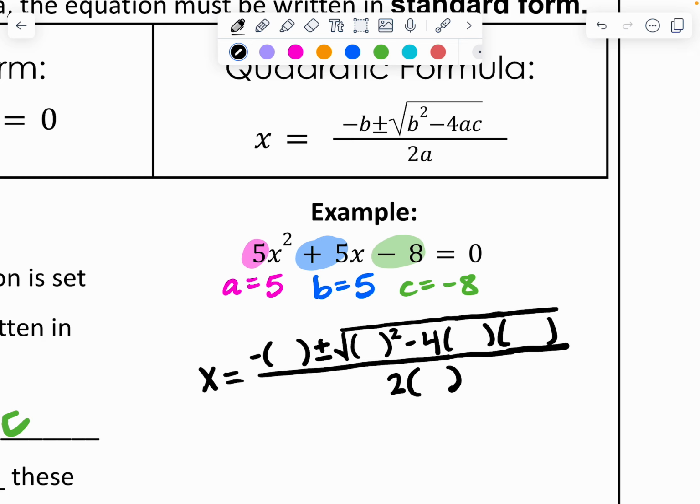Now I'm going to put the numbers that represent A, B, and C where they're supposed to go in that formula. So B goes here and here. A is going to go in this one and this one, and C goes in this one.